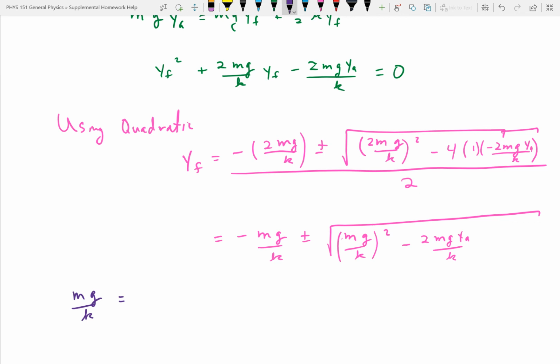K is equal to 1.4 times 10 to the 4th newtons per meter. And of course, g is 9.8 meters per second squared. And so mg over K is equal to 6.30 times 10 to the minus 2. And the units there are going to be newtons over newtons per meter, so meters.